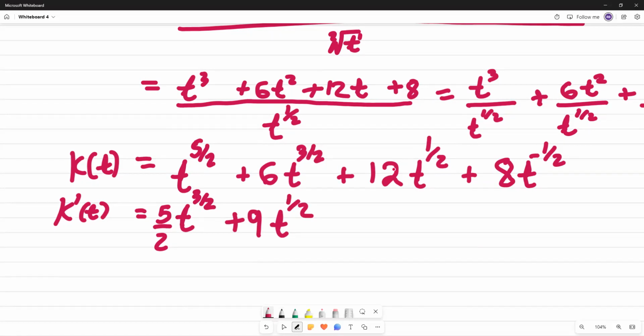And then here we have 12 multiplied by the exponent, which is a half. That gives us a 6. And here we're going to have t to the power minus half, because half minus 1 is minus half. And then here I have 8 multiplied by negative 1 over 2. That gives me negative 4. And then I'm going to have t to the power negative 3 over 2.